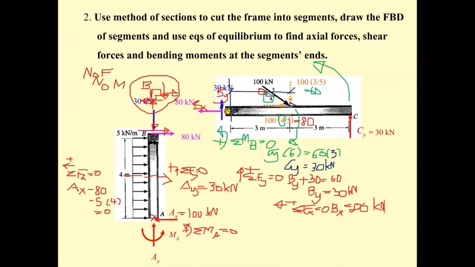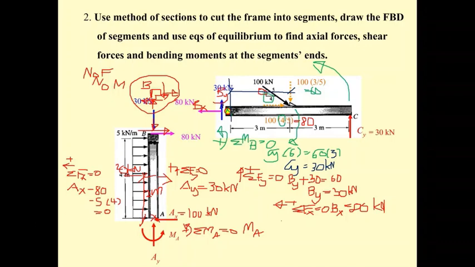By doing this, the M sub A is in this direction, opposite to this resultant force of 20 kilonewton. The 20 kilonewton times this distance, and this distance is 2 meters.